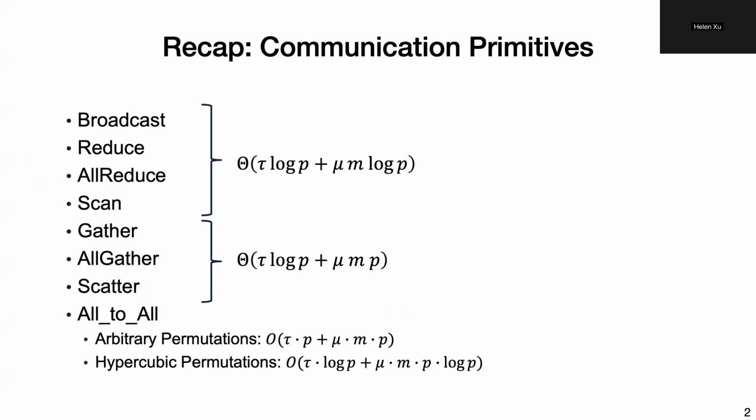Then we have gather, all gather, and scatter, which are more expensive than broadcast, reduce, all reduce, and scan. The runtime is here, this tau log p is the same, but this is mu m log p, and this is mu m p. m is the size of the message. And then we have two options for all to all, based on what kind of permutations the underlying architecture can support.